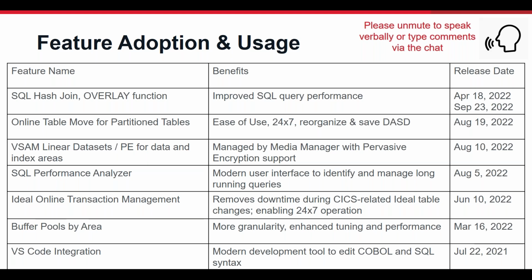But as soon as we could, we got the indexes moved over. That was our goal, and we just paid a little bit of poor buffer use for the period between getting that database from BDAM to VSAM. But we do have other things like buffer pools by area.